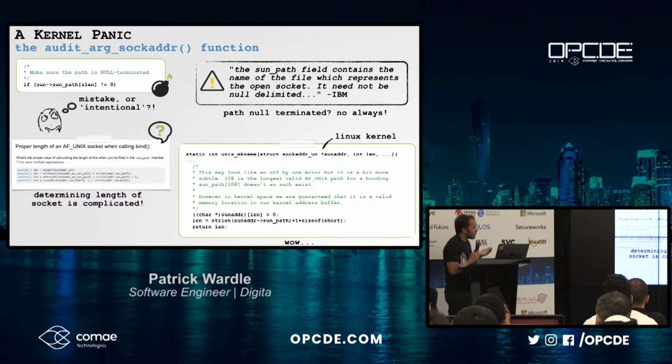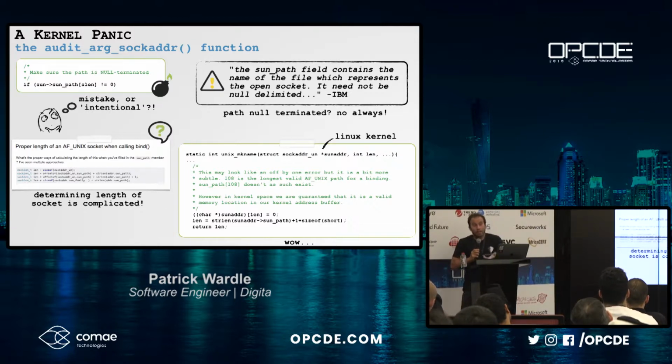So I was intrigued. I was like, okay, I understand why this bug is occurring, but why is there this off by 1 read error? If you read a little more about Unix sockets, you find out that this path does not have to be null terminated, which is why Apple is checking to see if it is null terminated. But there's all this confusion online about how to check this path.